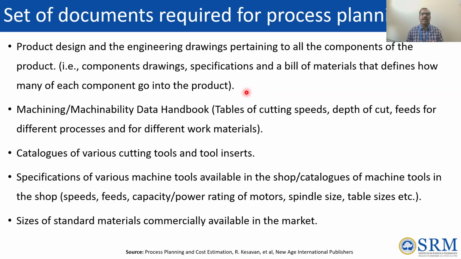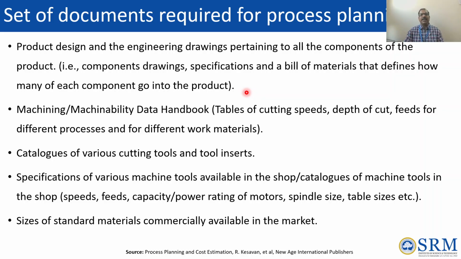Similarly, if the diameter of a cylindrical workpiece is bigger than the range that can be accommodated in the three-jaw or four-jaw chuck, then you can't plan the work. So you should have data on machine tools and the range they can work in. That information is needed, and it will also be there as a document.